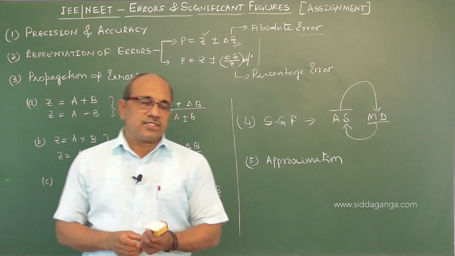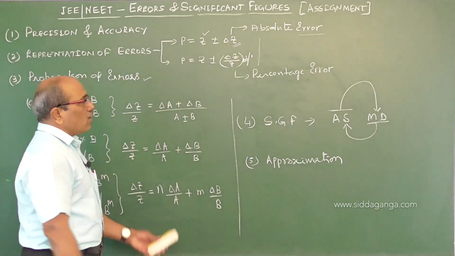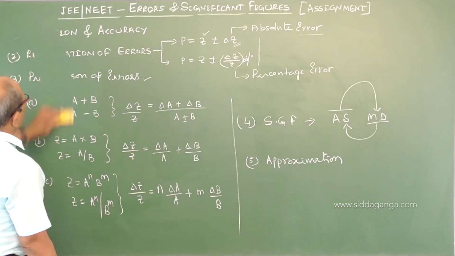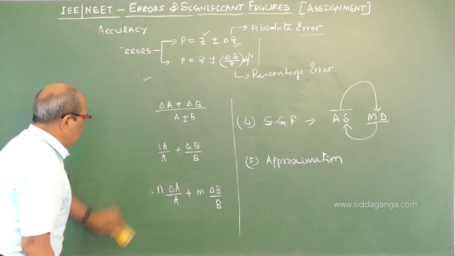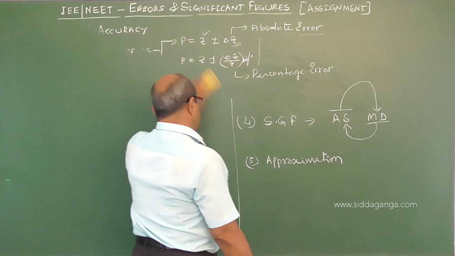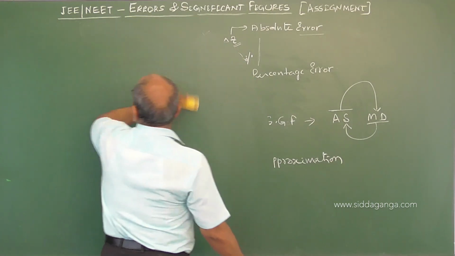Again, significant figures in case of addition and subtraction or multiplication and division, what rules we have to follow. Knowing this, we can find a question for sure in any entrance paper for you.